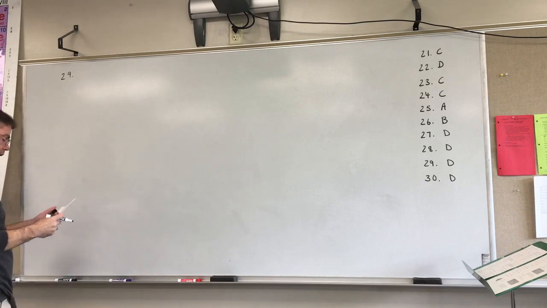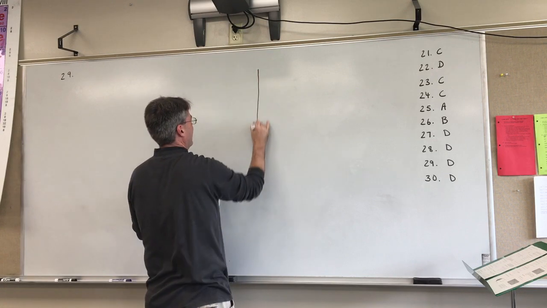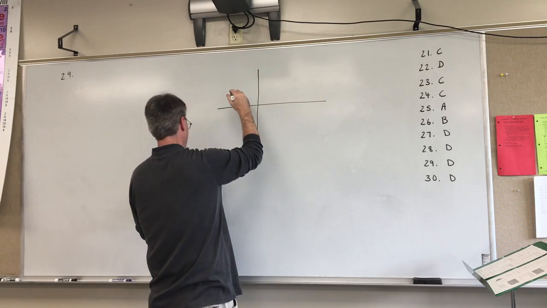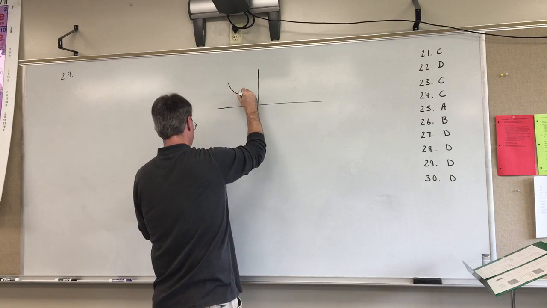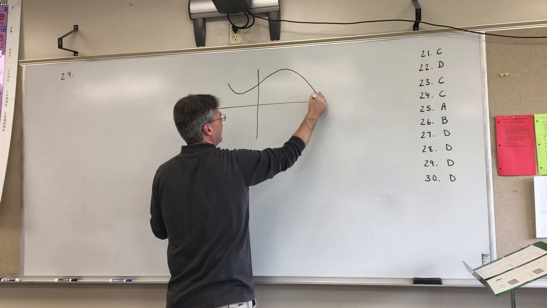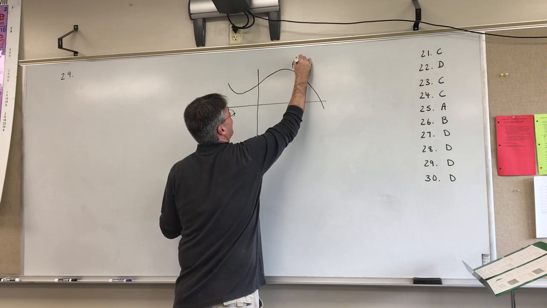All right, number 29. We've got a graph, and that graph is f prime, so it's a graph of the derivative.